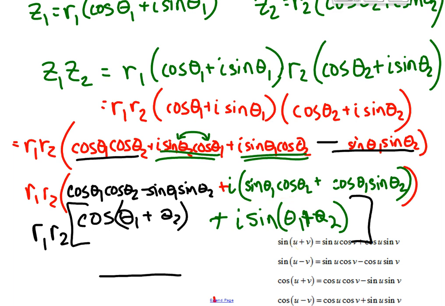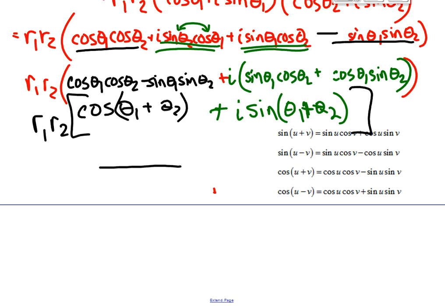I just wanted you to see that, because look at what this result is then. It says when we multiply those two complex numbers in trigonometric form, we can just multiply r1 times r2, and then it's going to be the cosine of the sum of those angles plus i, the sine of the sum of those two angles.